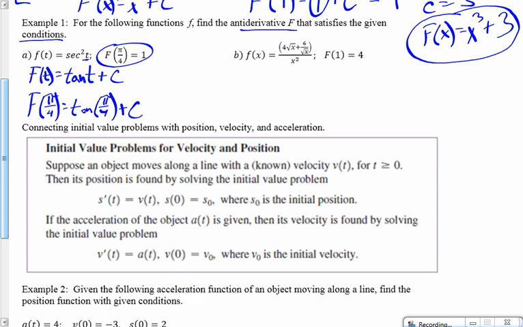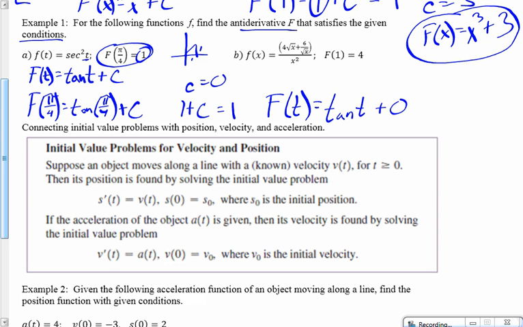You should know from memorizing the unit circle or otherwise that tan pi over 4 is 1. So this would be 1 plus c, and we're told that that's equal to 1, so c is 0. The particular antiderivative we were looking for here then was tan t plus 0. Plus 0 does not need to be written, so you could just leave your answer as F of t equals tan t. Okay?